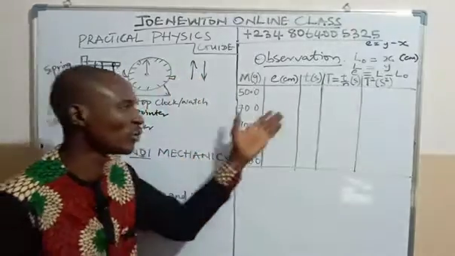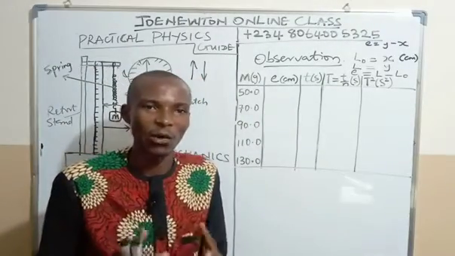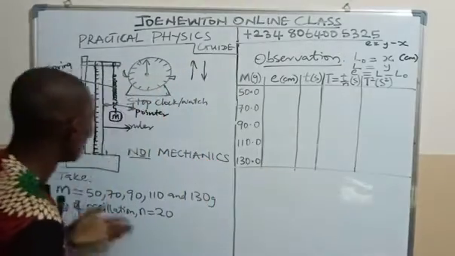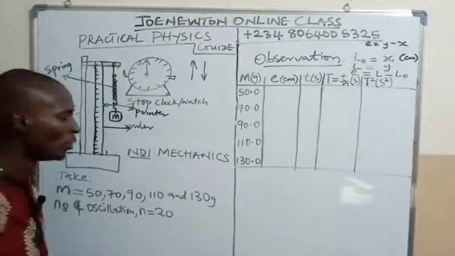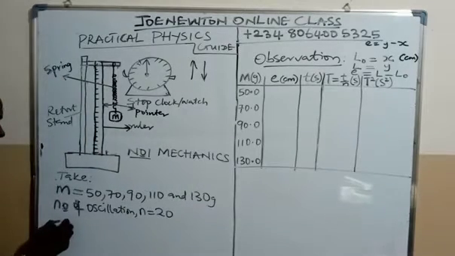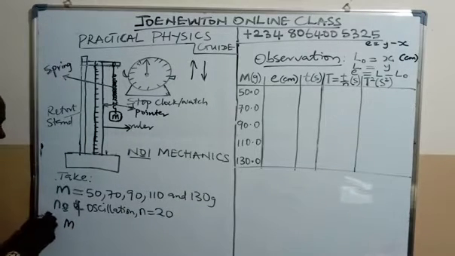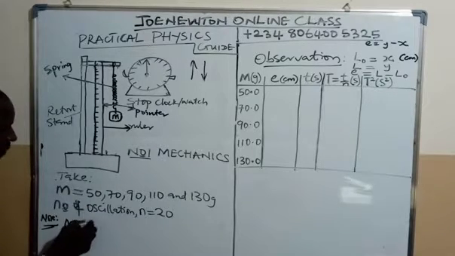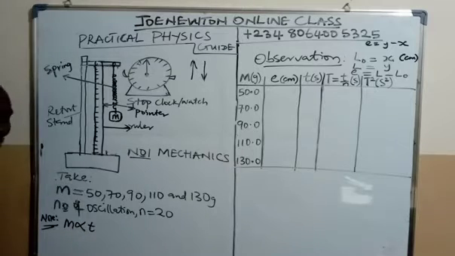It will guide you in your result. When the result is okay, or experimentally valid, you should know. So because the masses are increasing, take note that the mass, the load, is directly proportional to the period, to the time of the oscillation.